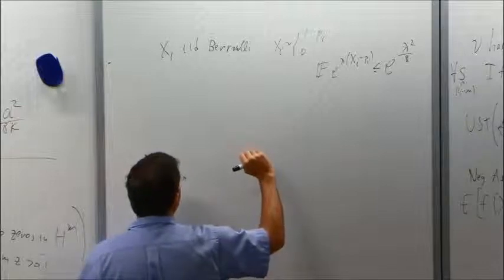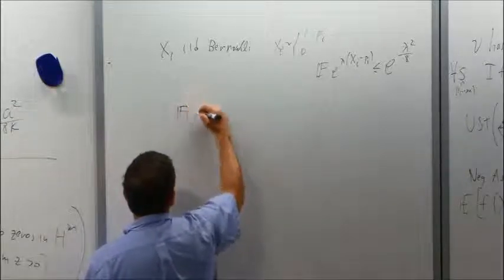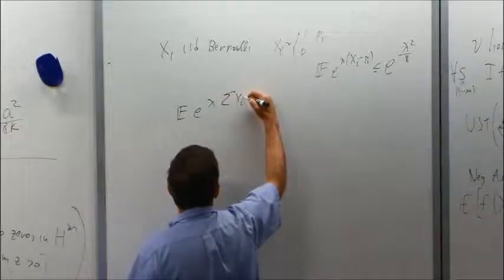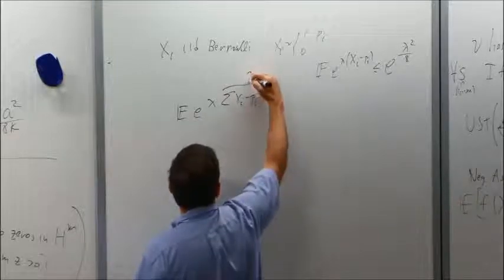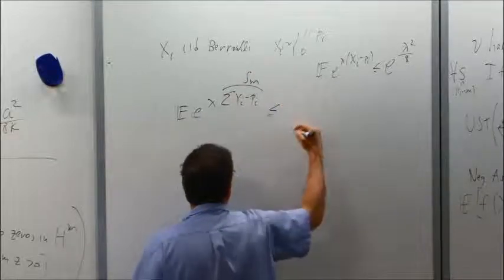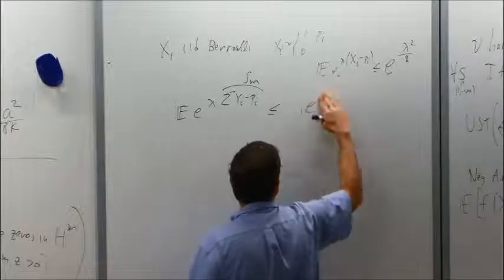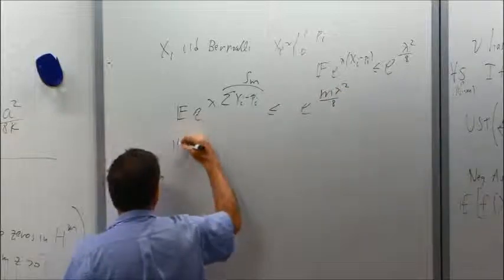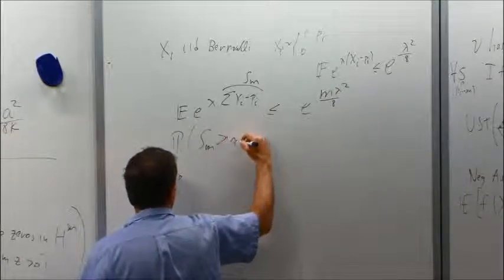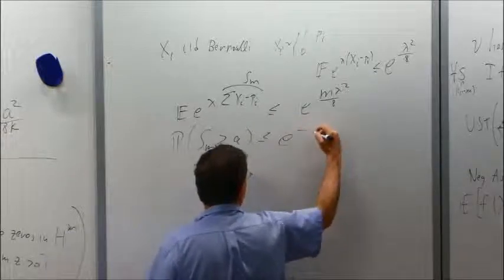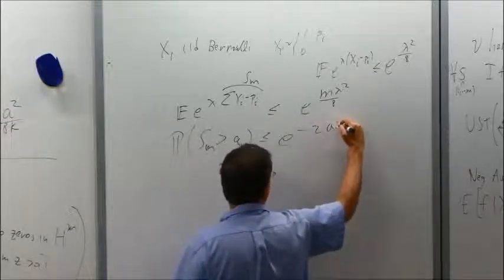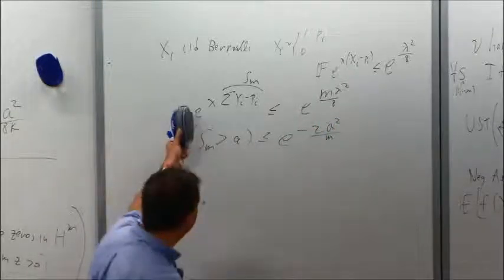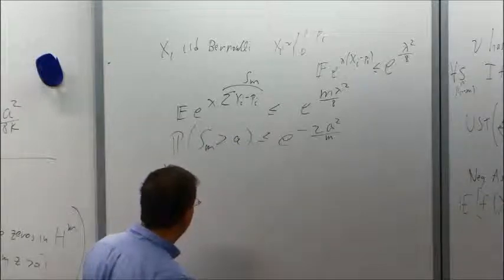Everything can be written much more generally. You then get from that the expectation of e to the lambda times the sum of xi minus pi. Let's call this sum Sm. This is bounded by e to the m lambda squared over 8, and from this you get that the probability that Sm is bigger than a is bounded by e to the minus 2 a squared over m, just by plugging in Chebyshev and optimizing for lambda.